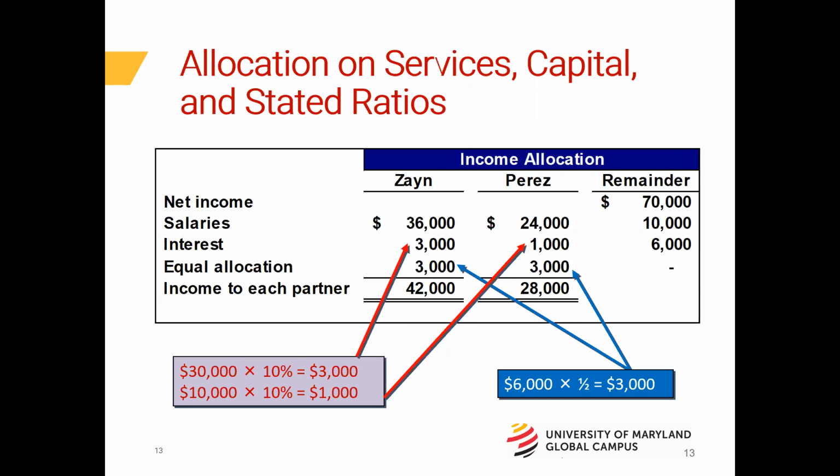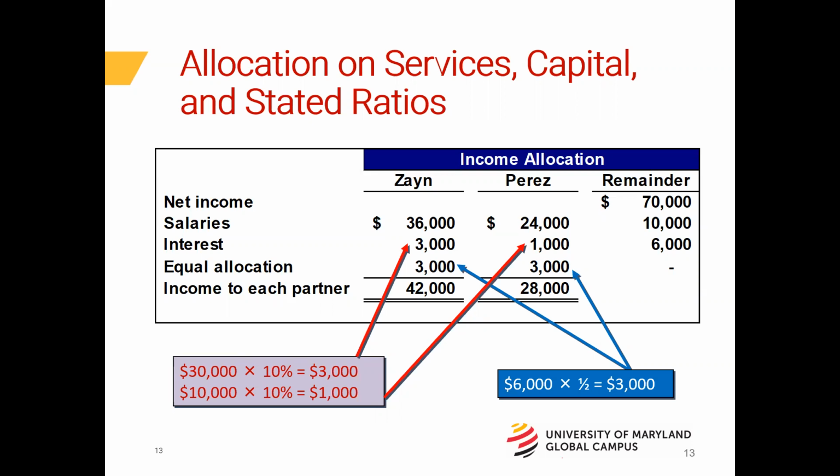Coming from the 10% of 30,000 and 10,000, and those are based off of the balances that they brought in, right? The 30,000 and 10,000. So 10% on the 30,000 investment, 3,000, 10% on the 10,000 investment, 1,000. So we take the 10,000 minus the 4,000, giving us 6,000 remaining.